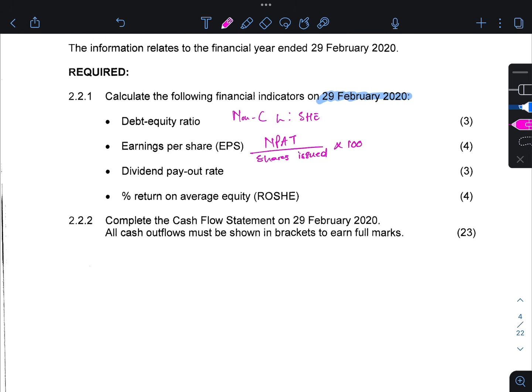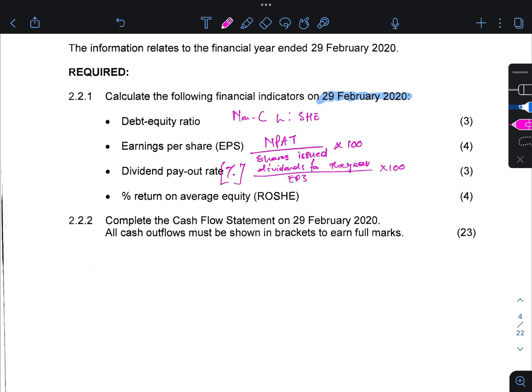And then your dividend payout rate should be your dividends for the year over your earnings per share multiplied by 100, because this is a rate, it's supposed to be a percentage.